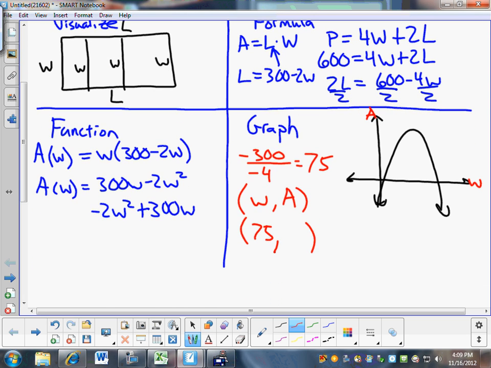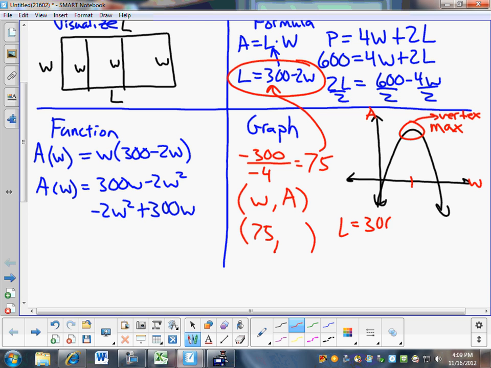So I know that the location of the vertex, the location of the max, the x value is 75. If I plugged it back in, I would get the actual area, but I just need the length because it says find. Well, if I look back up to this right here, I know that length is equal to 300 minus 2 times 75.